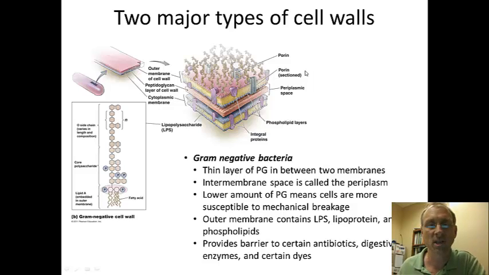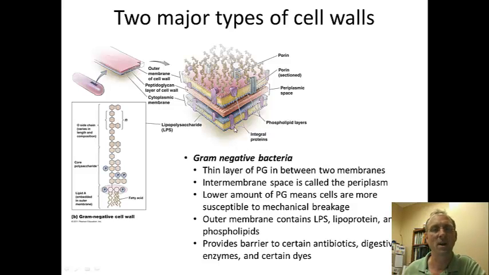The big advantage that the gram-negative has because of this outer membrane is that the outer membrane acts as a permeability barrier to things getting inside the microorganism, inside the cell. It acts as a barrier to things which are small and hydrophilic. Things like antibiotics and digestive enzymes have an incredibly difficult time getting from outside the cell to inside the cell.